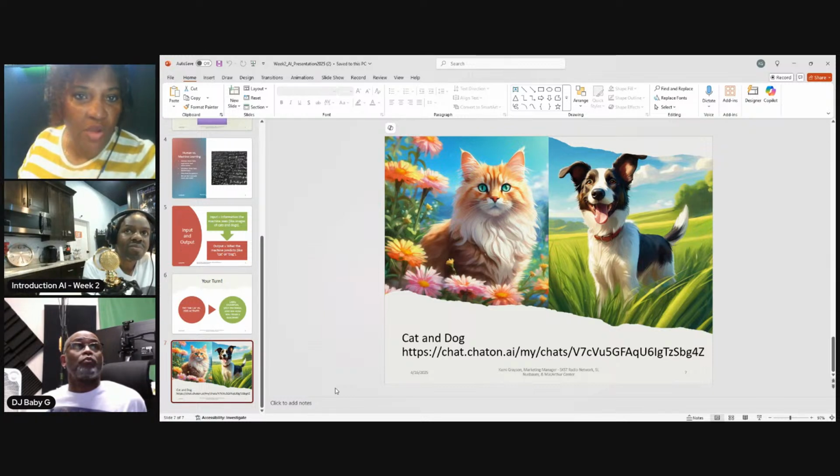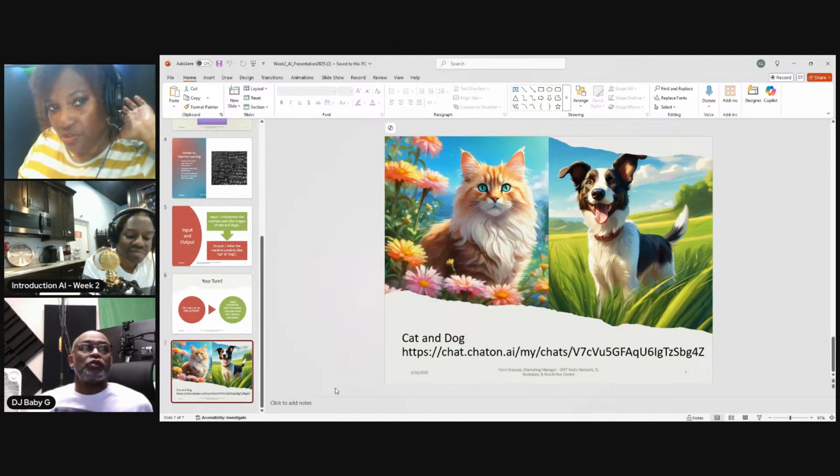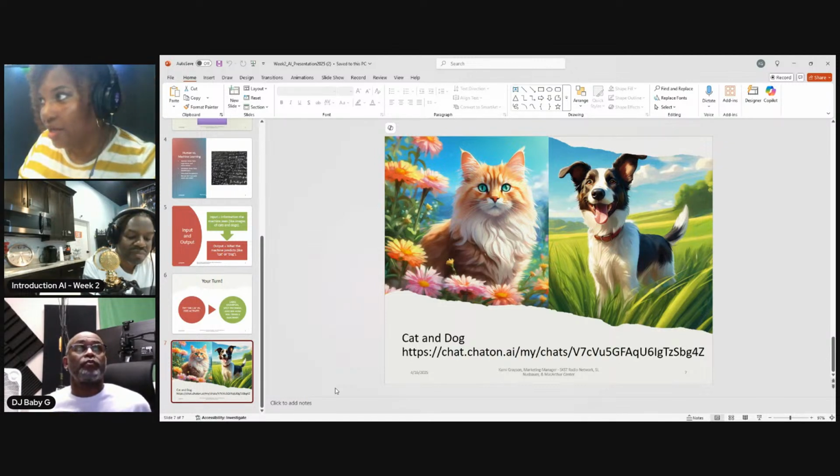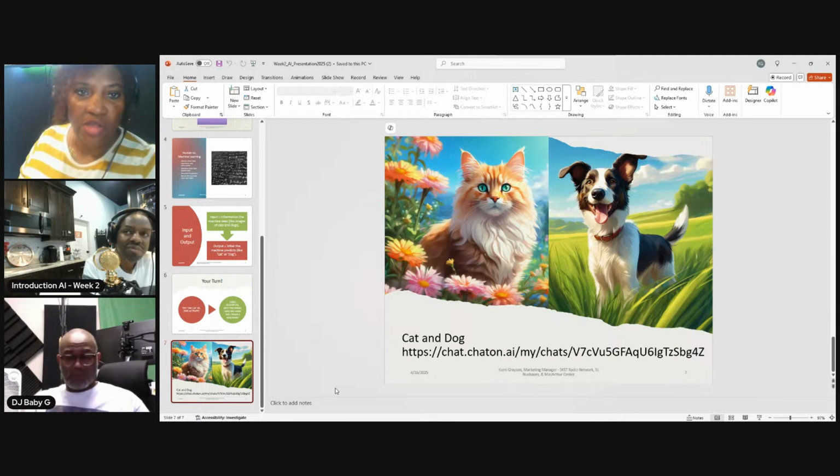In the park with flowers, the dog in a field with green grass on a pretty day. And that's pretty much what we got out of it. Not bad. Very nice. Nice and clear and crisp, right? This was only the second try. It only took me two tries for the cat, and the dog was just spot on.